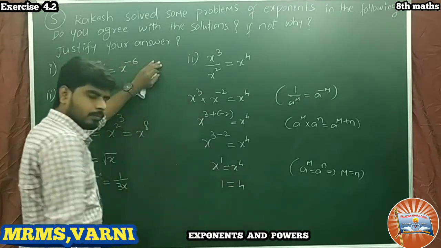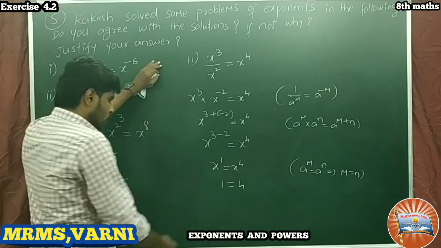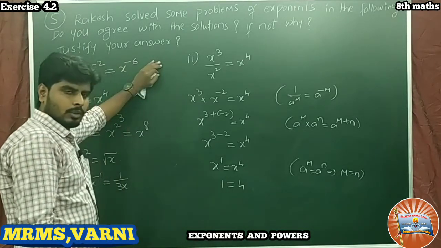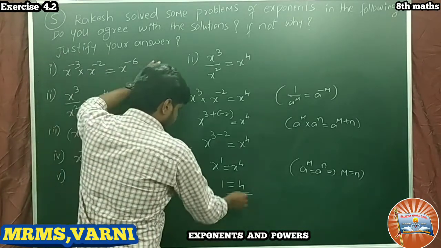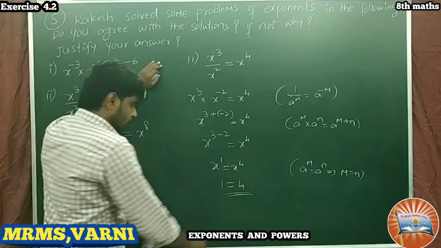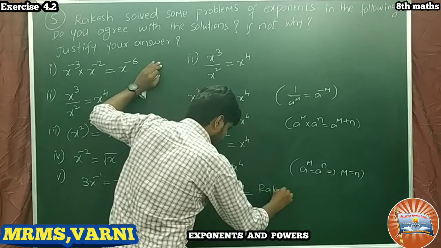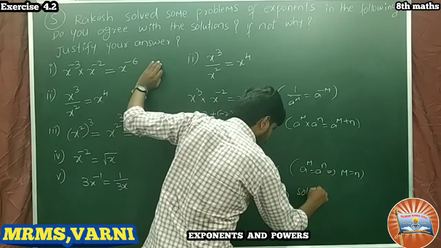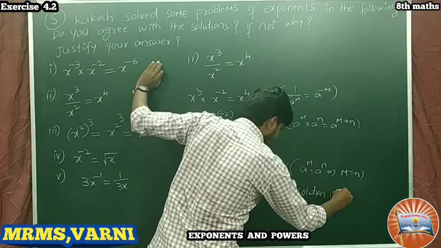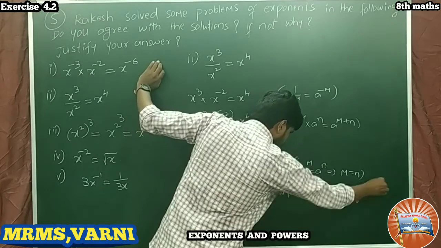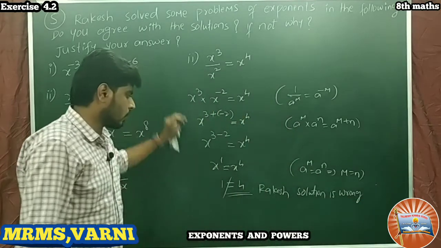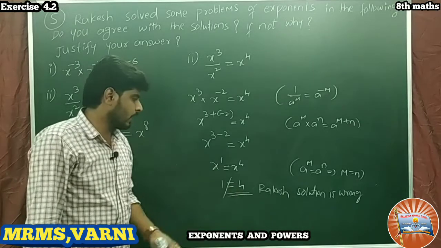Is it true? Is 1 equal to 4? So this is a false statement. It's wrong. So here Rakesh's solution is wrong. 1 is not equal to 4, that's why it is false.